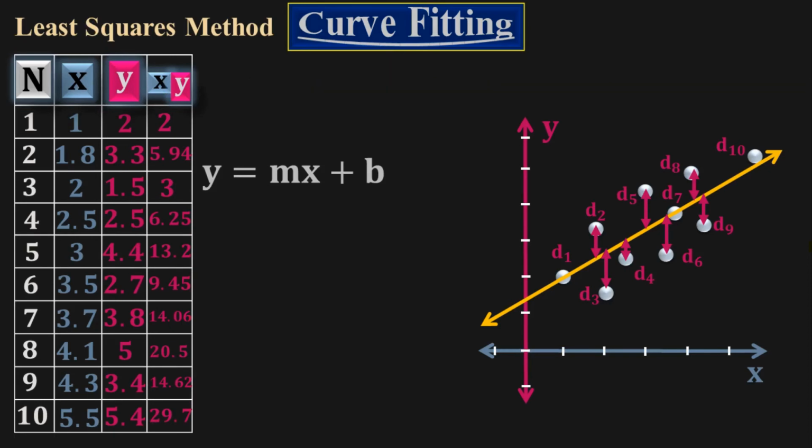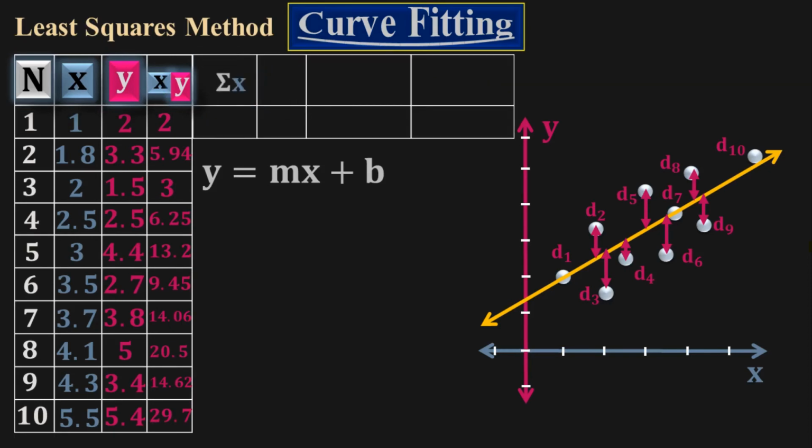I'm going to add some more columns, like summation of x, which is 31.4. Summation of y, which is 34. Summation of x squared, which is 114.98. Summation of x times y is 118.72.